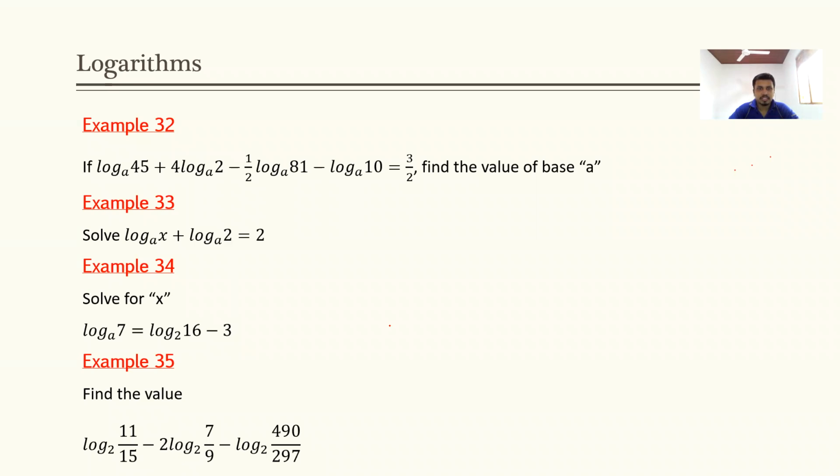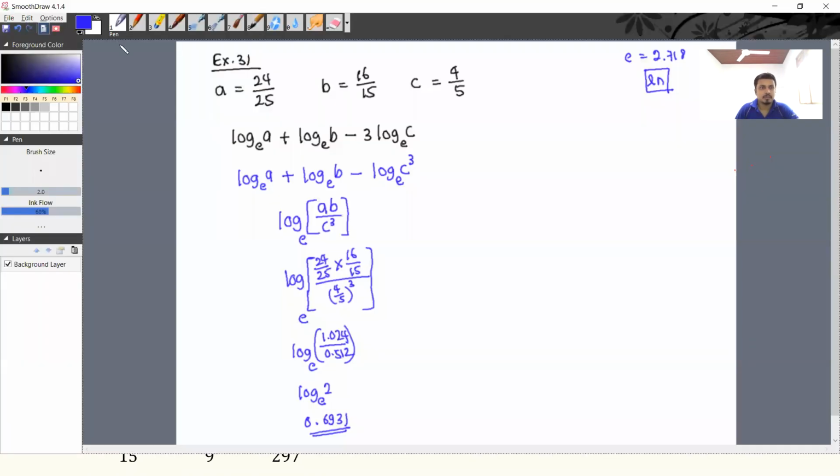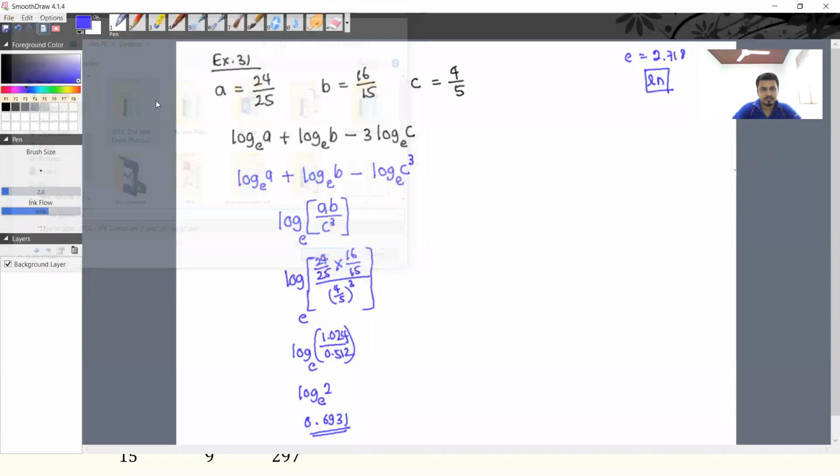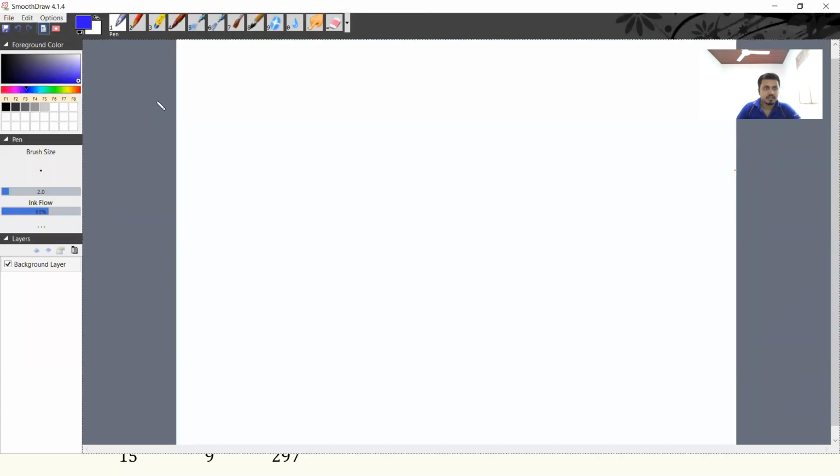Right. So have others tried. Let's see example number 32.